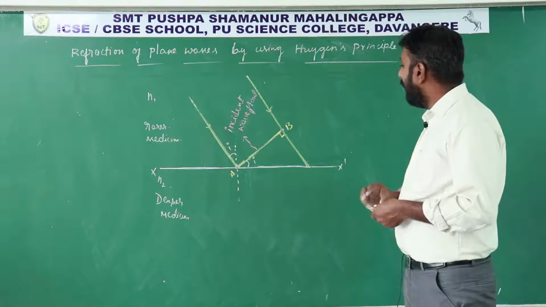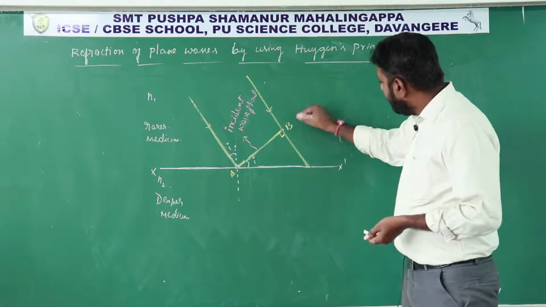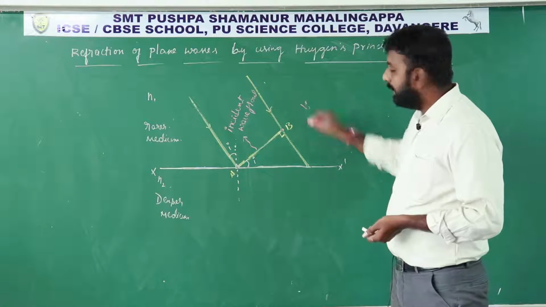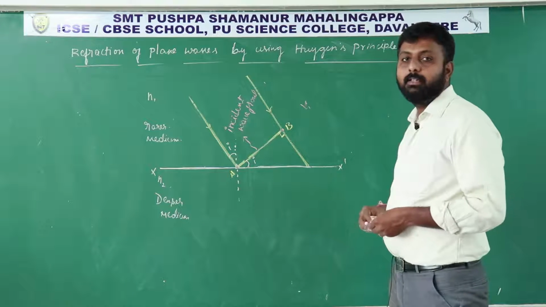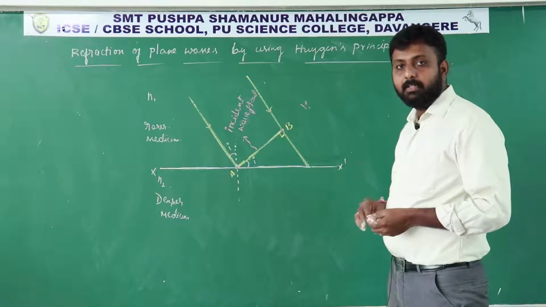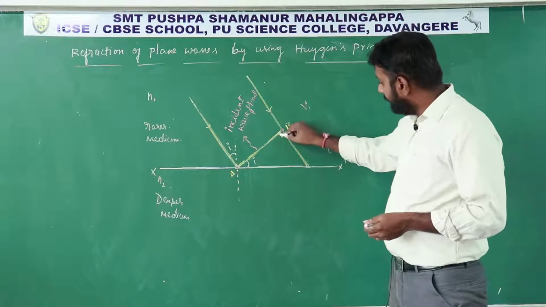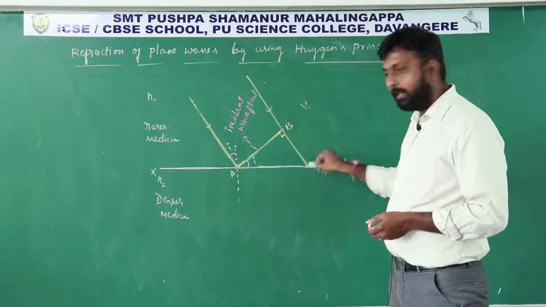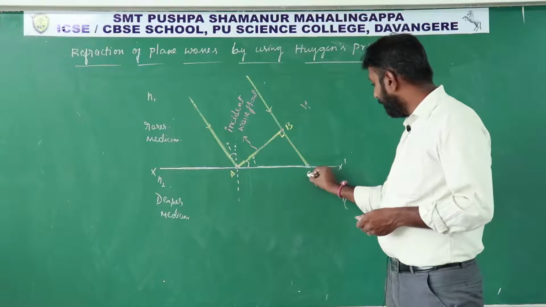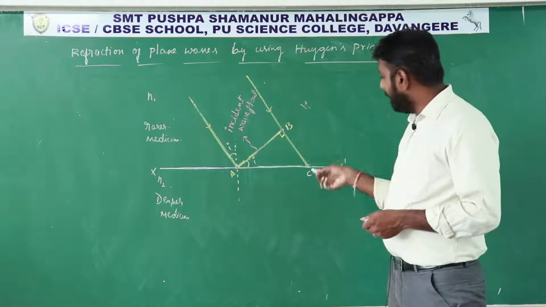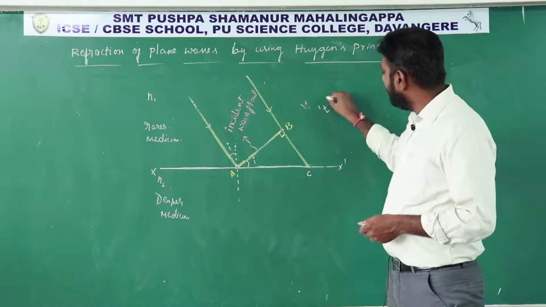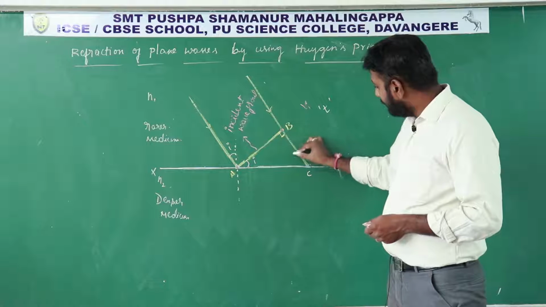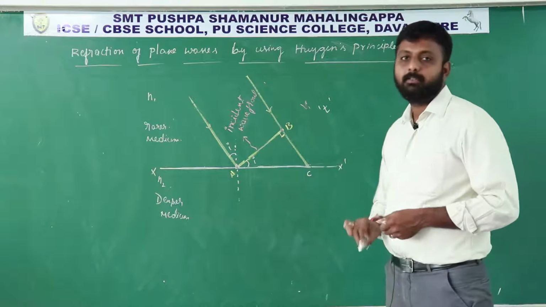Okay, and speed of the light in the first medium, let us take it as v1. Then I will consider the disturbance will reach this refracting surface, or let us say the point C. It will take the time t. In t time, from this point B, the disturbance will reach point C.